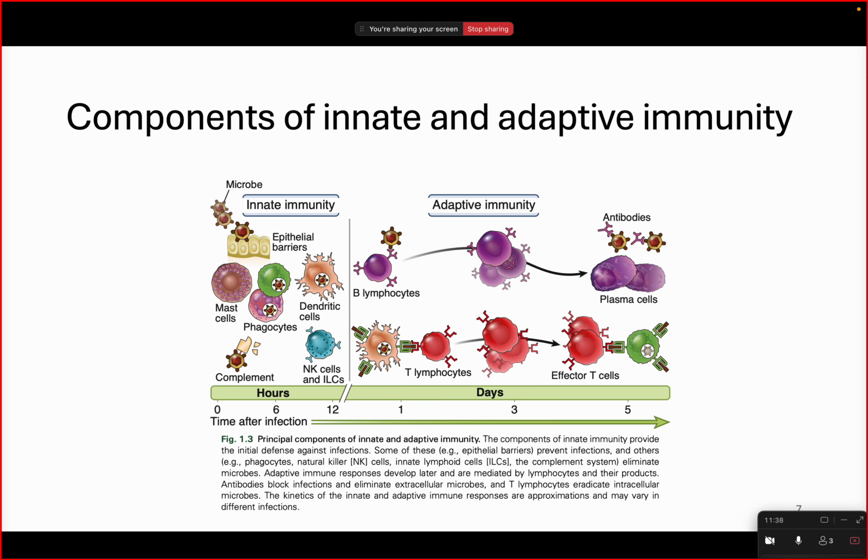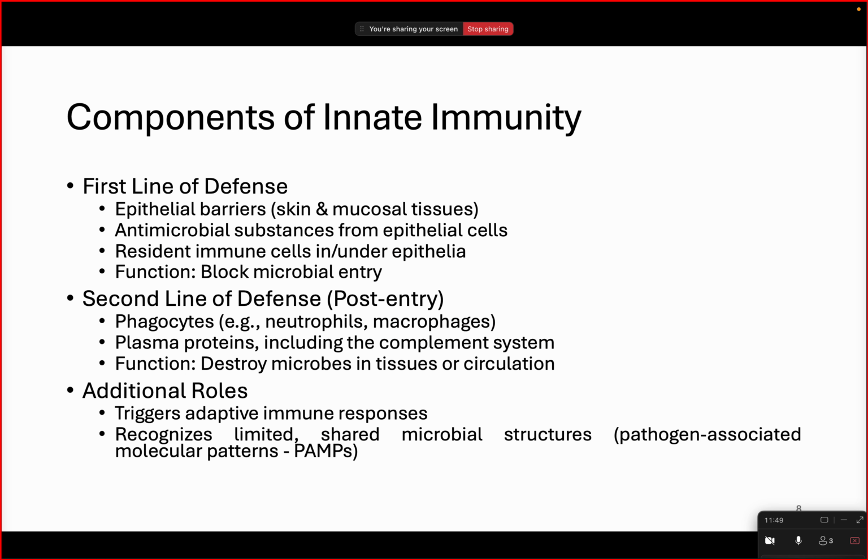Then we have adaptive immunity, where stimulation by the innate immune cells is needed to let the adaptive arm know that there is a pathogen, and then things will be more specific and more targeted, right? Innate immunity includes your epithelial barriers. The second line includes your phagocytes and plasma proteins, and now you know which plasma protein we are talking about.